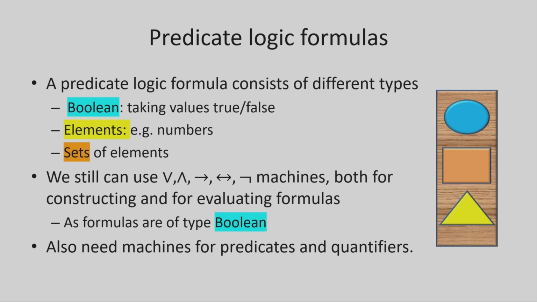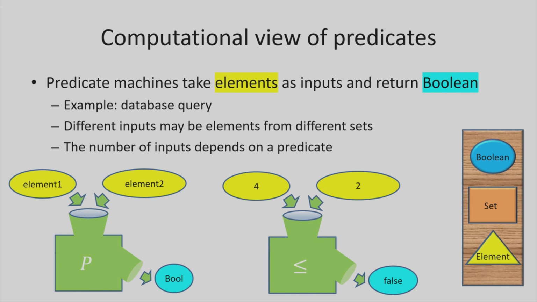And again, when we are doing the construction part, then we use and, or, not, and so on for Booleans, just like we did in propositional logic. But we need somewhat different machines to both construct and evaluate predicates and quantifiers.